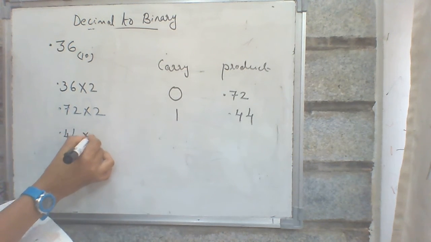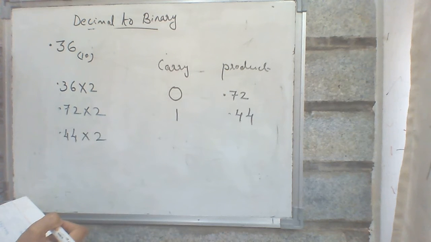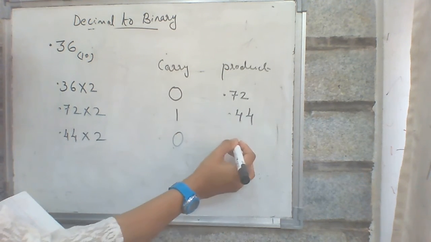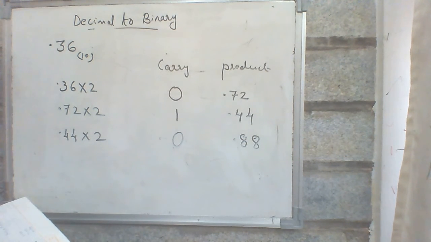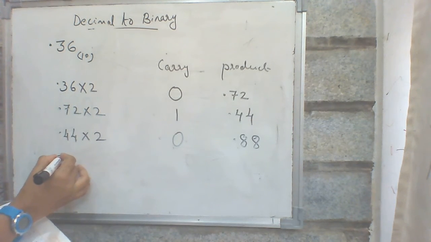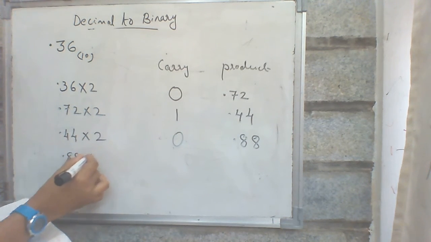0.44 into 2. What is the answer? 0.88. Then next 0.88 into 2.